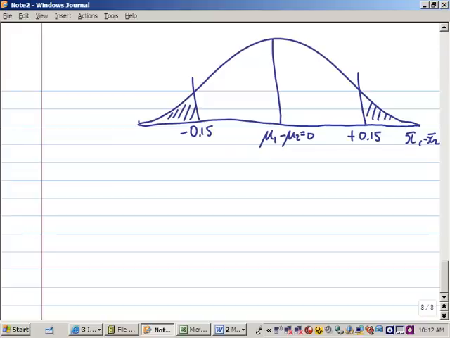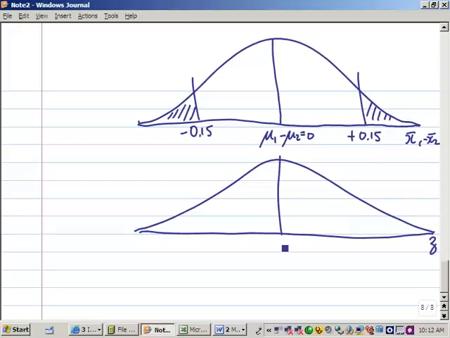The probability of getting a change this large or larger is the area in those two tails. Once you've understood that, then when we go to the z, we'll find these two limits which are symmetrical. Whatever this positive value will be is the same as what the negative value is. Okay, and we will go from there.